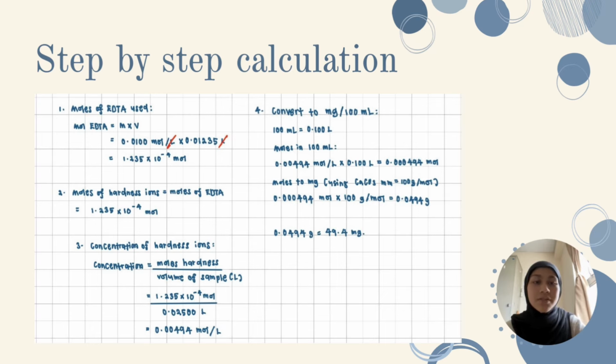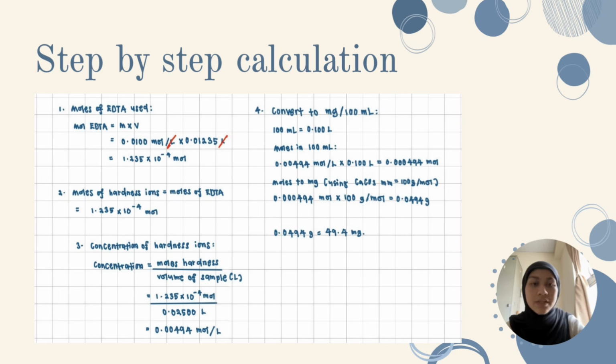Then, the concentration of hardness ions is calculated by dividing the moles of hardness ions by the volume of the water sample in liters, which is 0.02500 liter. The concentration obtained is 0.00494 mole per liter.